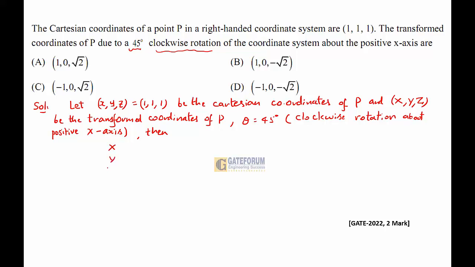Capital X, capital Y, capital Z, a column matrix, is equal to a 3 by 3 matrix, which is an orthogonal matrix here: 1, 0, 0; 0, cos theta, minus sin theta; 0, sin theta, cos theta, times the given original Cartesian coordinates.